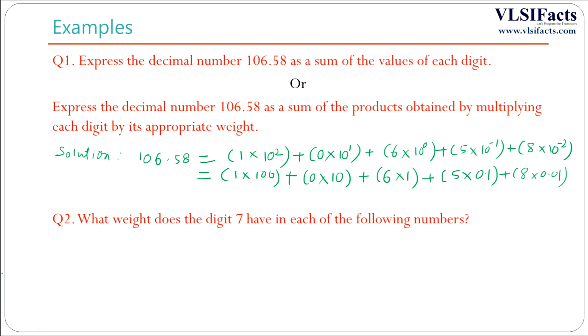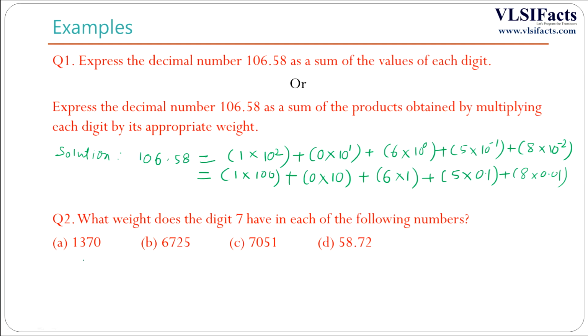The second question is, what weight does the digit 7 have in each of the following numbers? And the numbers are 1370, 6725, 7051, 58.72. Now the answers can be over here.